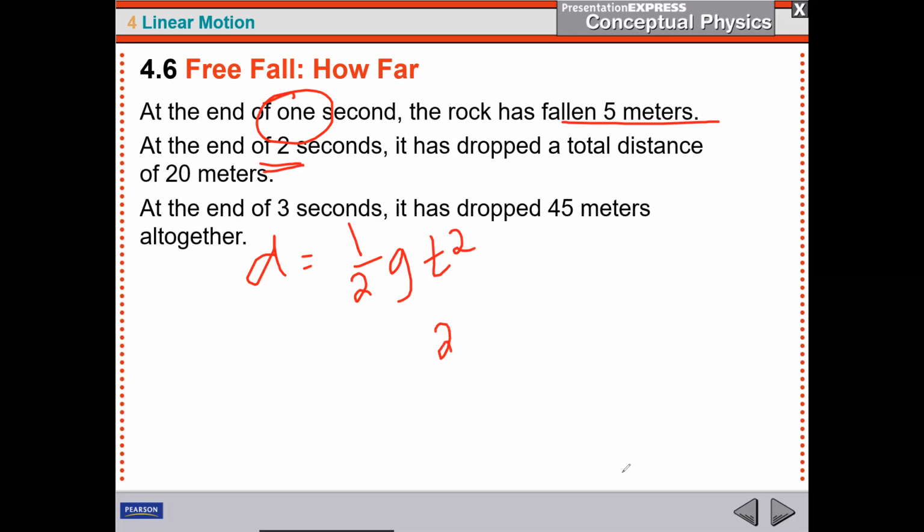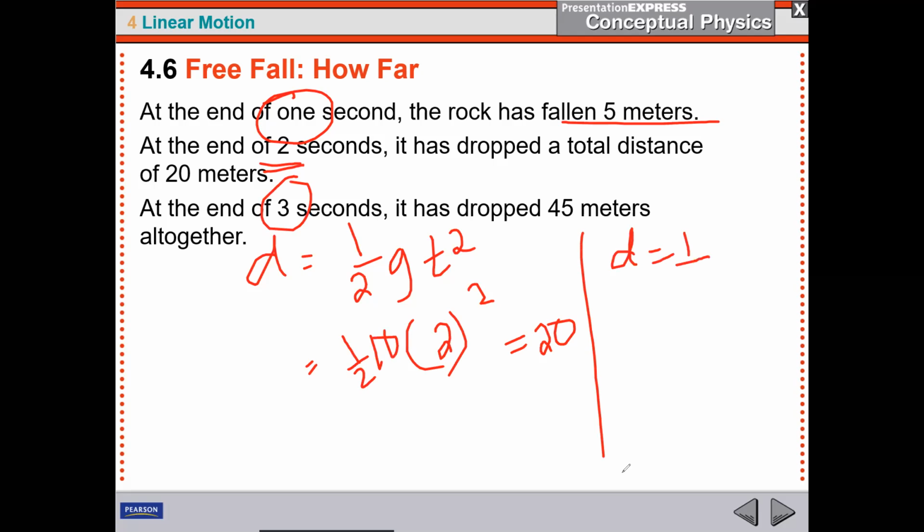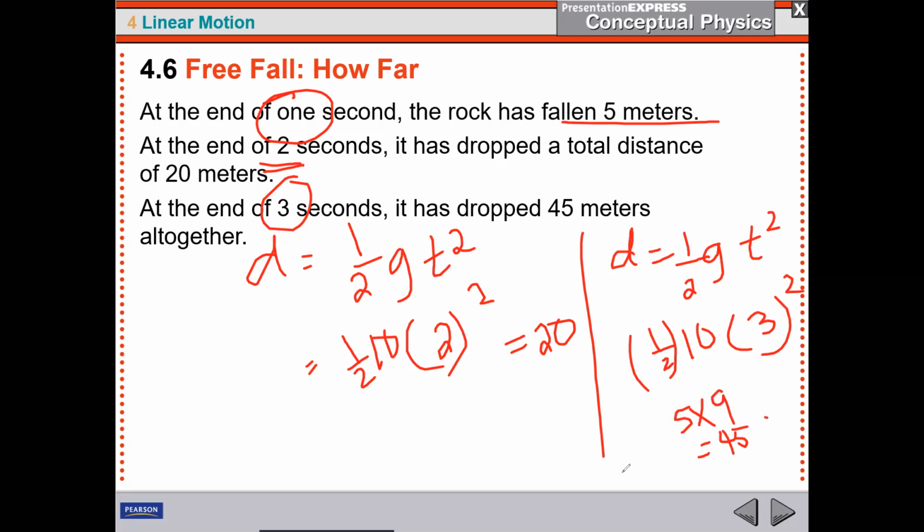If t is 2, 2 squared times 10 times half, that is 5 times 4, it's 20 meters. And after 3 seconds, it has to be 5 times 9, which is 45 meters. This is a way we can find d at any certain time I ask you about.